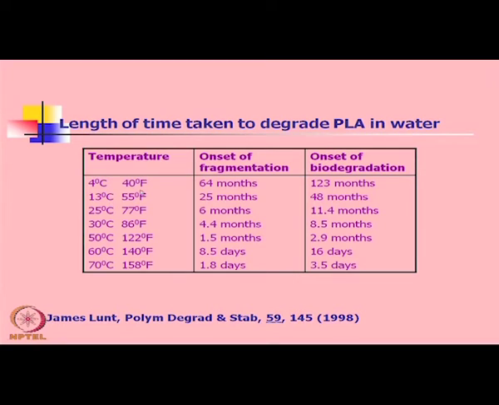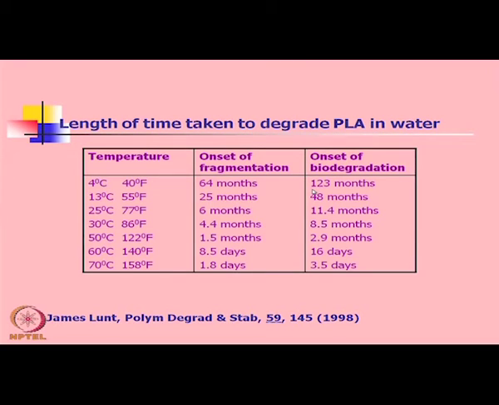Say, if you do the degradation or fragmentation at lower temperature, the time requirement is quite high, whereas if the temperature is increased, this fragmentation will be much faster, from 64 months down to around 2 days. And onset of biodegradation, again at lower temperature, is very long.